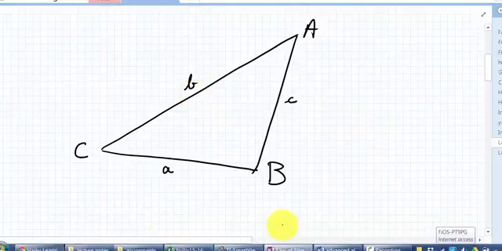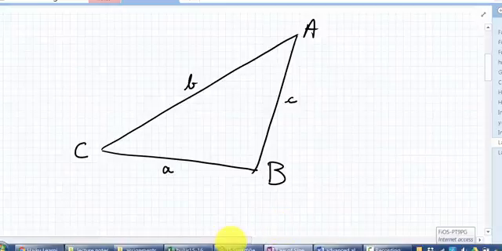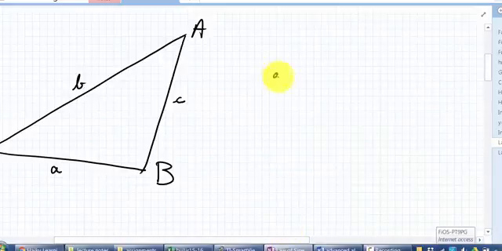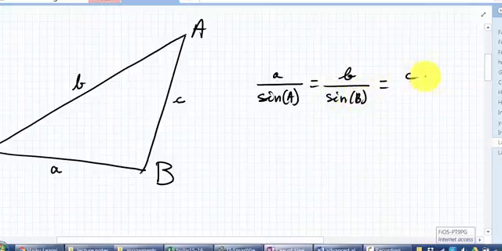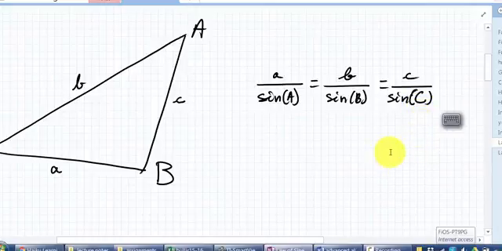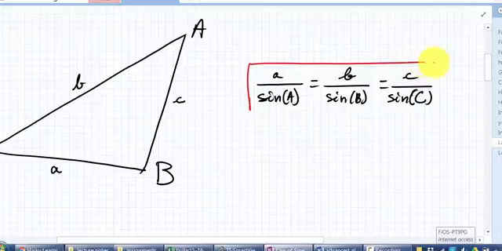So what does trigonometry become when we are dealing with a triangle that's not right? What does the law of sines state? It states that the length of side A over the sine of the angle A is equal to the length of side B over the sine of angle B, which is equal to the length of side C over the sine of angle C. Okay, so it's A over sine A equals B over sine B equals C over sine C, and this is the law of sines.